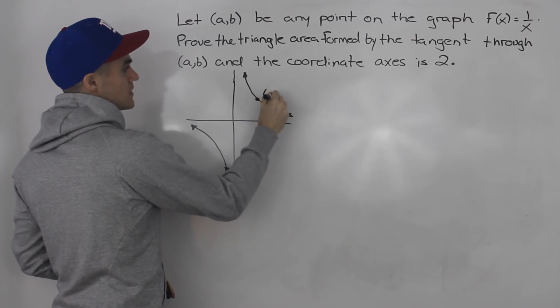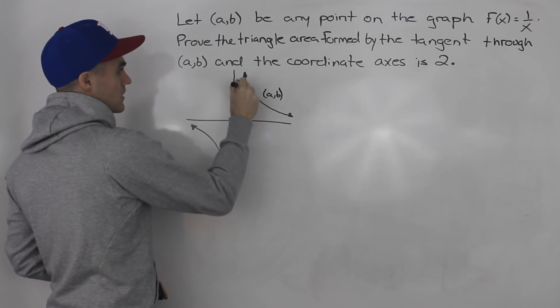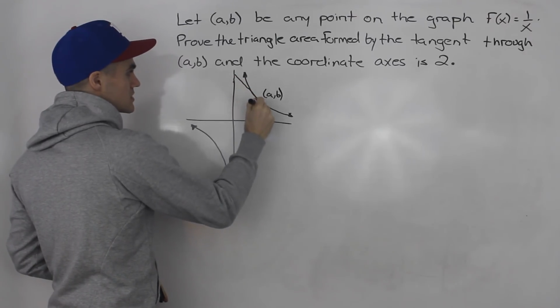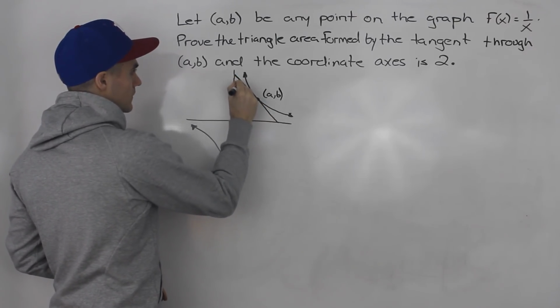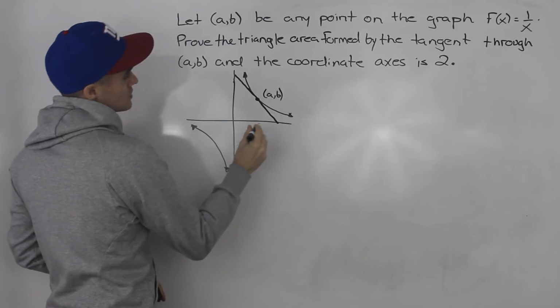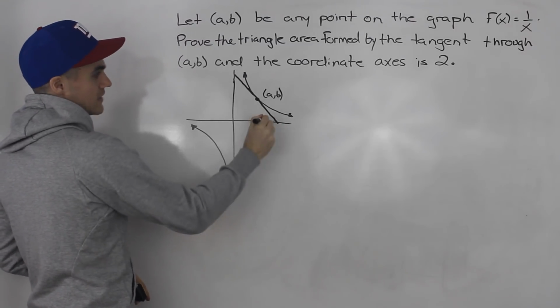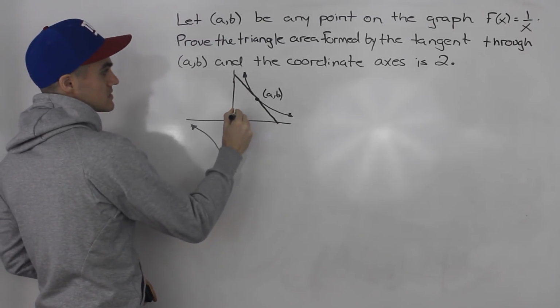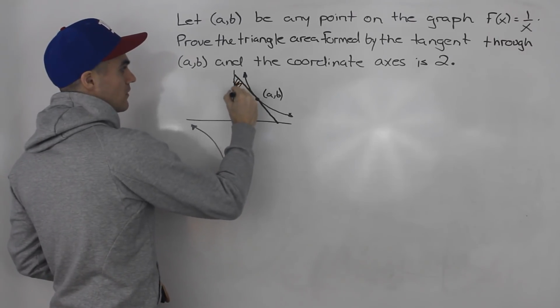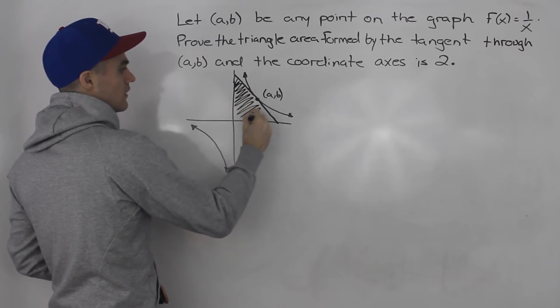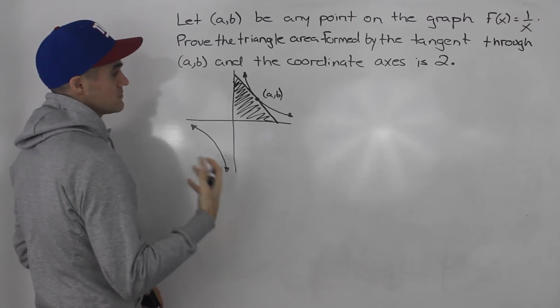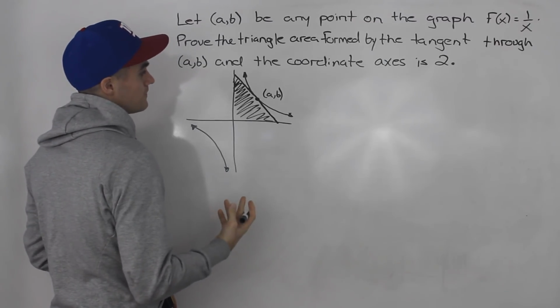So the point is AB, and if you draw a tangent through it, the tangent's going to look something like that. So the triangle formed with the tangent and the coordinate axes, we have to prove that the area of this triangle is going to be 2 every time.